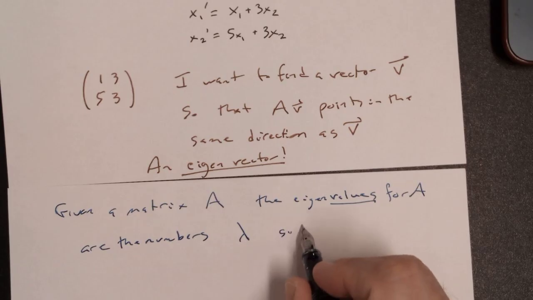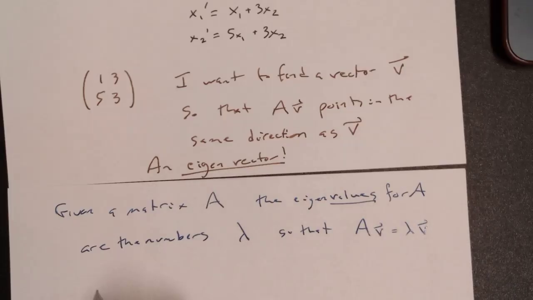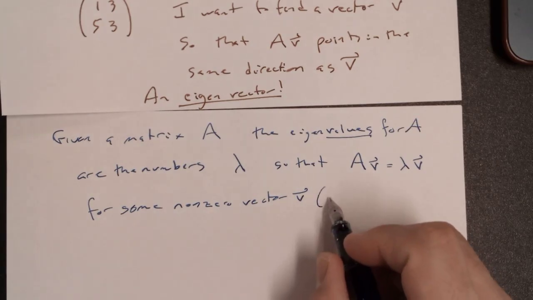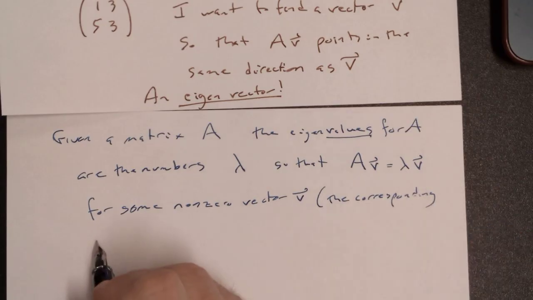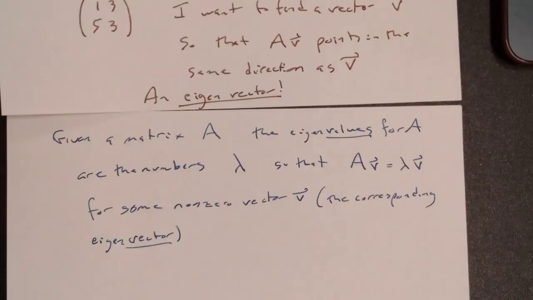So that AV equals lambda V for some non-zero vector V. That vector is called the corresponding eigenvector. Each value gets a vector. Sometimes values get more than one vector. The value could be 0. The vector can't be.